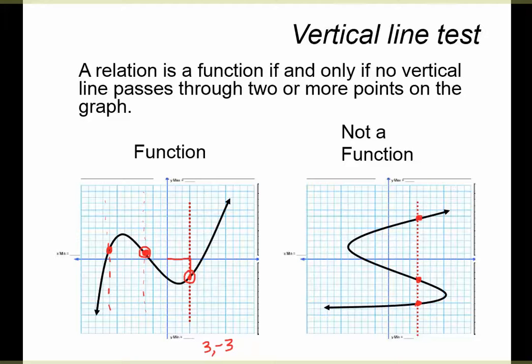But the graph on the right, if you look here, I'm plugging in a 4. Sometimes that 4 spits out a negative 3. Sometimes that 4 spits out a negative 7. And sometimes that 4 spits out what looks to be like a 6.5. So that input 4 has 3 different outputs.